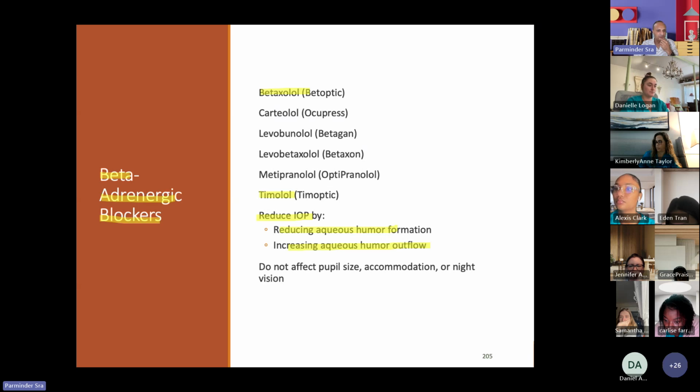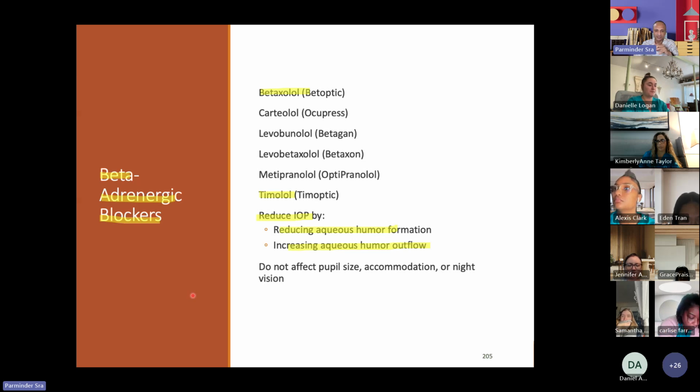And once again, going back to what we previously talked about, if a patient is asking you, can I stop using it? No. And with a patient with asthma or COPD, you have to be careful.